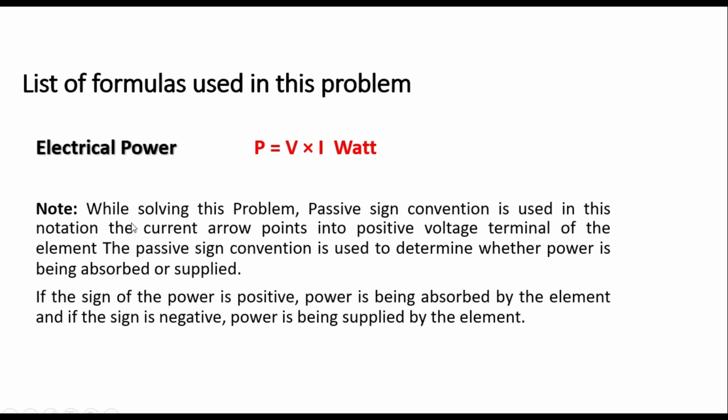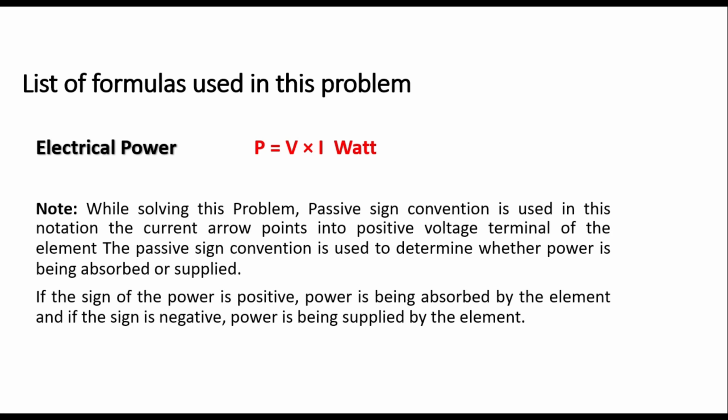Here I need to add a note for you so that you can get better understanding while solving this problem. While solving this problem I am using passive sign convention. So what does it mean by passive sign convention? The current arrow points into the positive side, or you may say the positive terminal, of the voltage source.